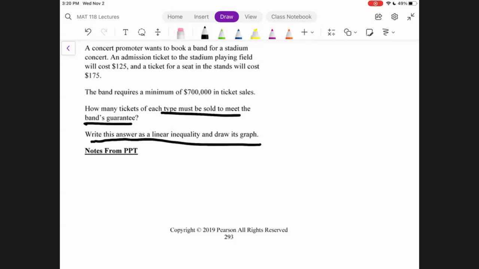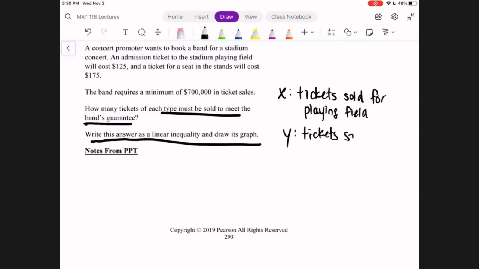Okay, so we're going to say that x is the tickets sold for playing field. And then y would be the tickets sold for the stadium seats.